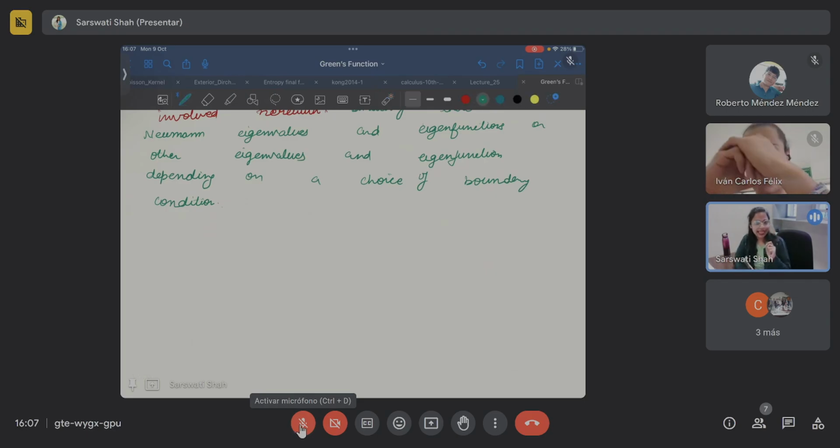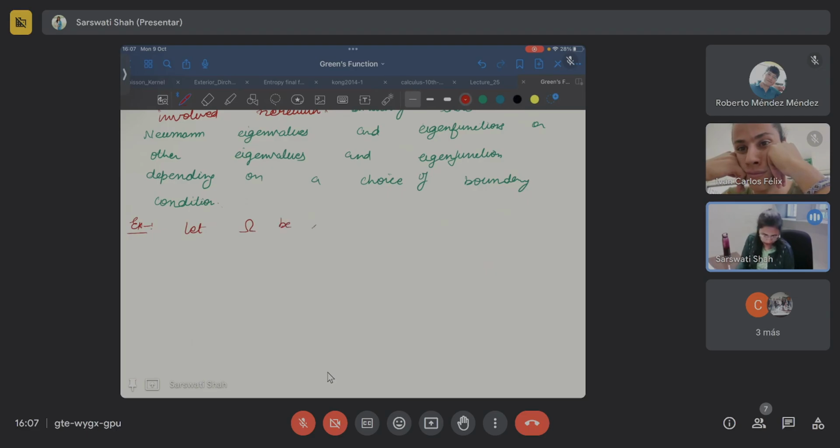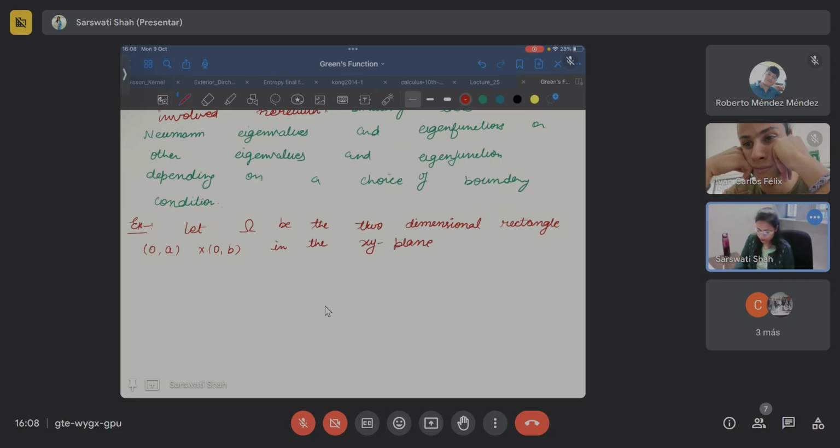So, firstly, we will see an example in which we are considering a two-dimensional Dirichlet eigenvalue problem. Let omega be the two-dimensional rectangle 0, a cross 0, b in the xy plane.